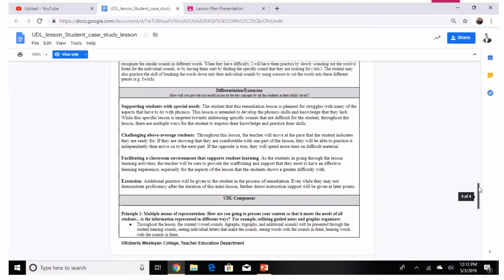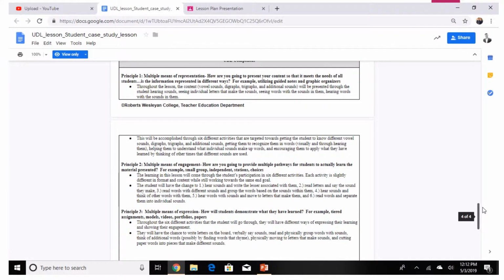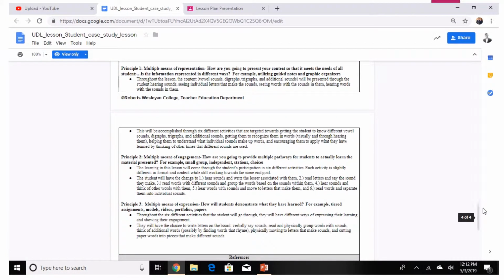So just to talk about the UDL and what exactly I did in regards to that, for the representation, throughout all the different activities, I provided a lot of different ways to represent the same content. So they're all focused towards the same things, practicing those letter sounds that he struggles with. So for the first one, he's listening to a sound and then writing it.